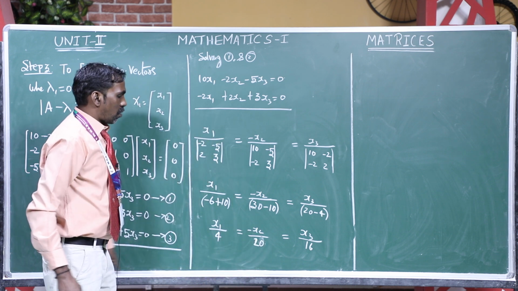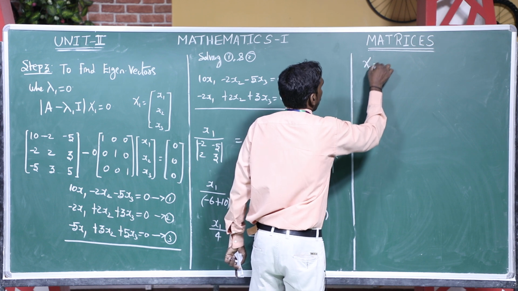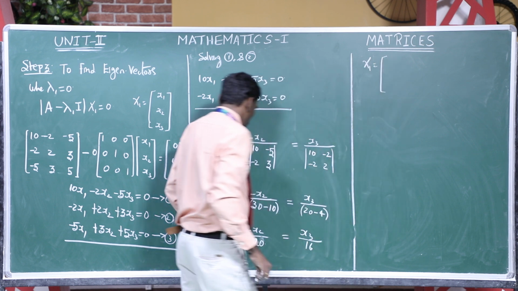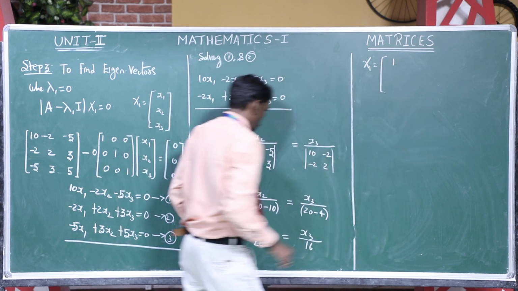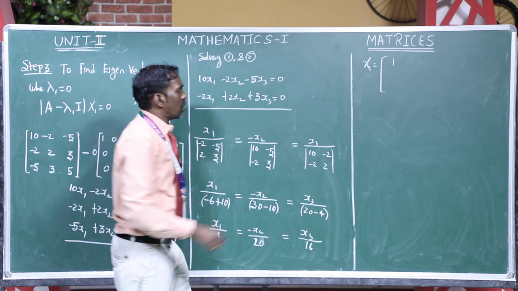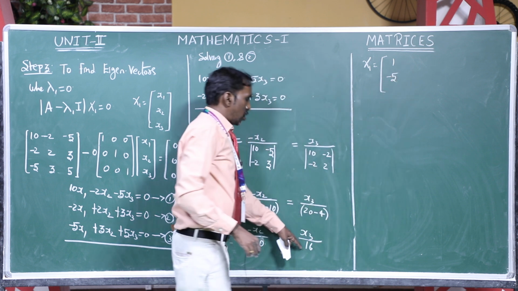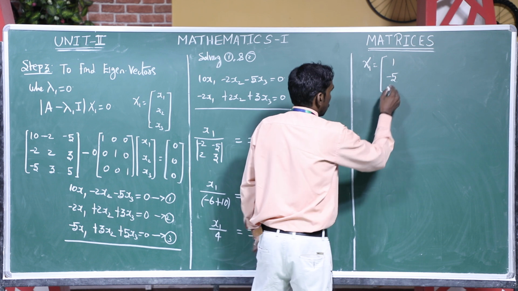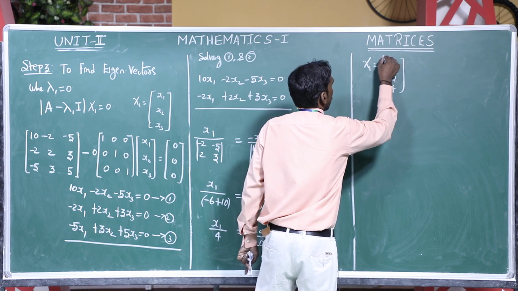If we divide by 4, what is the vector we get? Finally we get the x1 vector. Dividing by 4, this will be 1, this will be minus 20 over 4, which is minus 5, and the next will be 4. So this is our x1 vector.